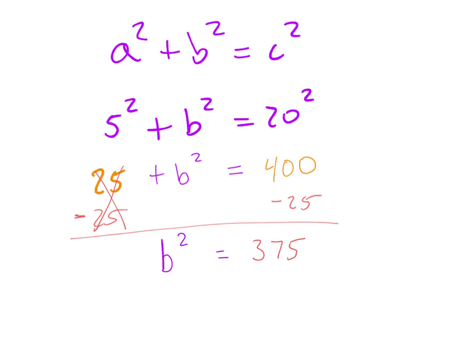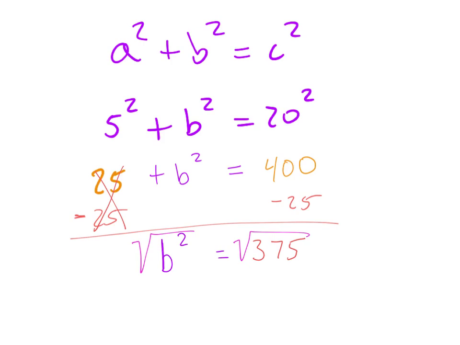How do I get just a b? How do I undo a squared? It's the radical sign, but we had a name for it. Square root. So square root of that, and square root of this.